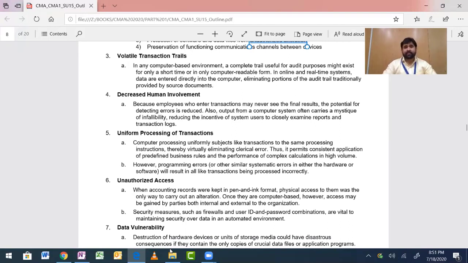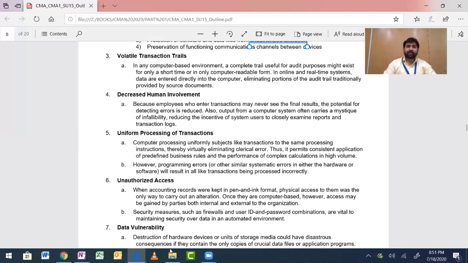Volatile transaction trails. In a computer-based environment, the complete trail useful for audit purposes might exist for only a short time or in only computer-readable form.